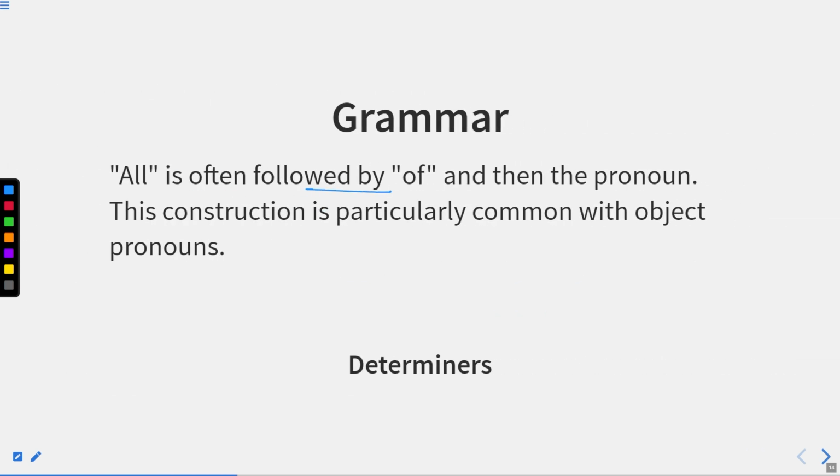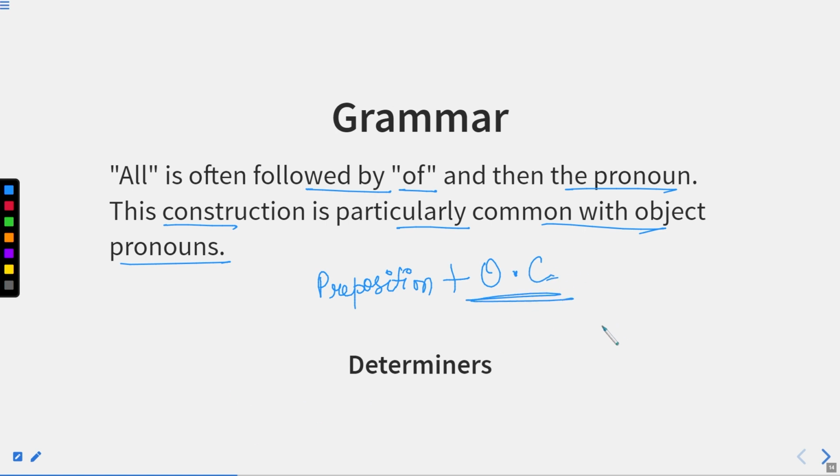All is often followed by of and then the pronoun. This construction is particularly common with object pronouns. Now, this is another part as well: whenever we have a preposition in a sentence, it should be followed by the objective case only. Of is a preposition, of course, so after that we can only have the objective case. Whether it is written all of, or some other phrase like plenty of, lot of, whatever it is, it takes the objective case because of the preposition.